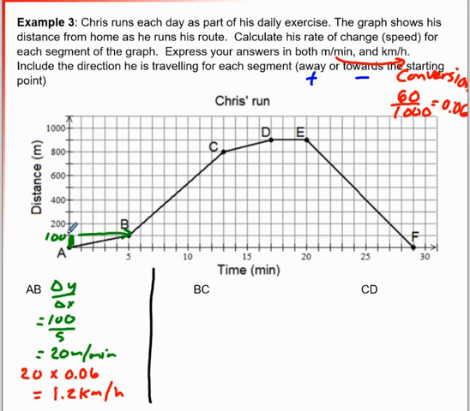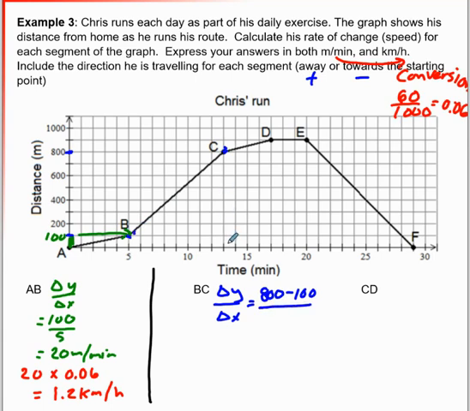And so we're going from 100 to 800. So you might say our rise, our change in y over our change in x equals 800 minus 100. You always start at where you're going, subtract where you've been.